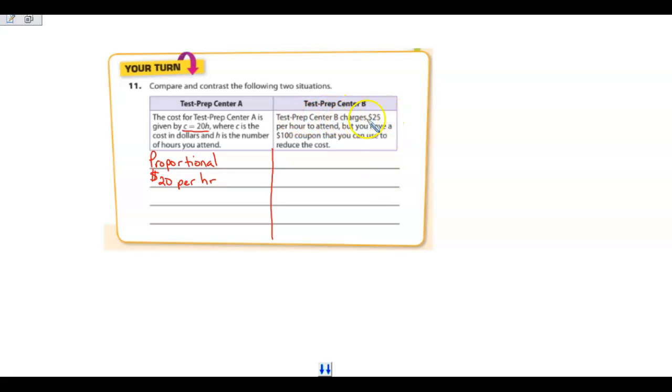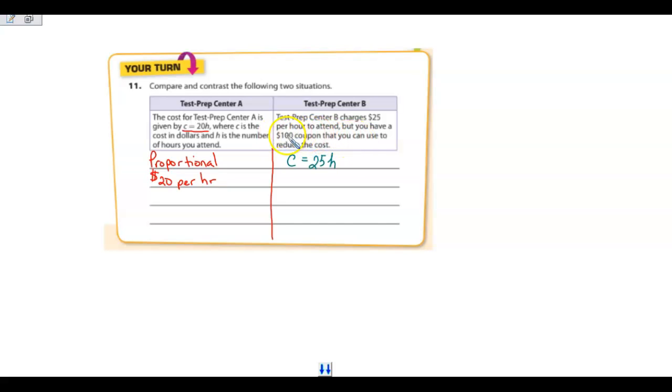All right, and this one's going to be B. Test Prep Center B charges $25 per hour to attend, but you have a $100 coupon that you can use to reduce the cost. So it's going to cost me $25 per hour. If we're using H for hours, and the total cost is going to be C, but you have a $100 coupon that you can use.